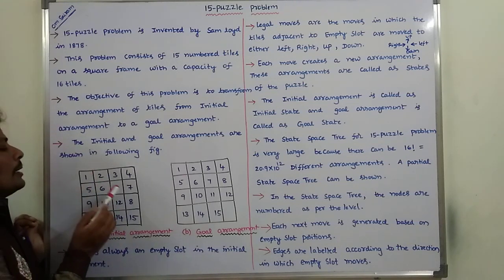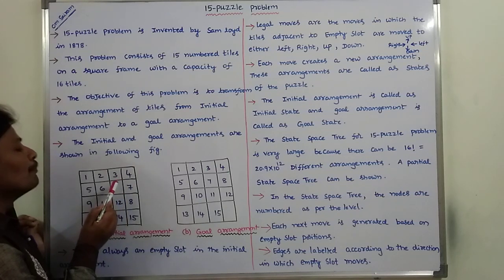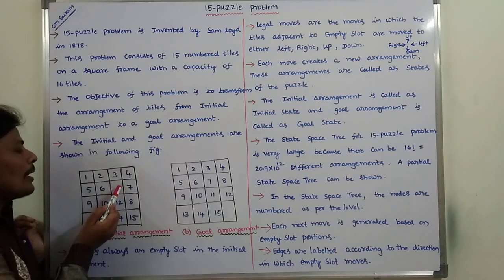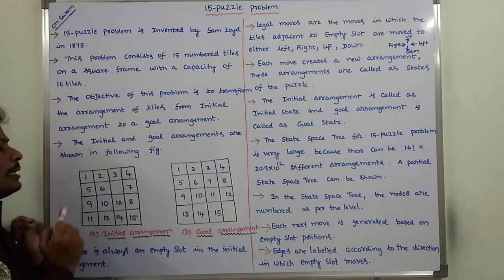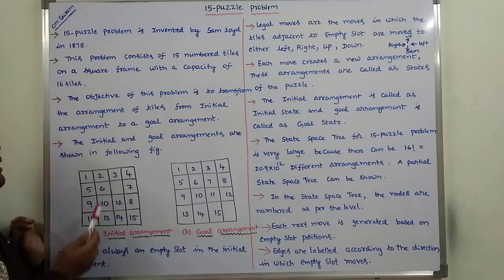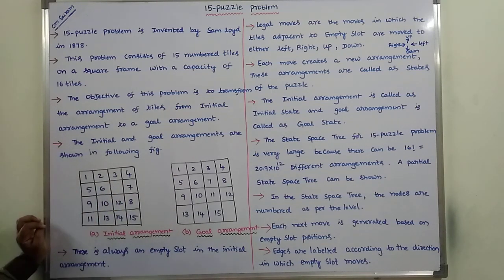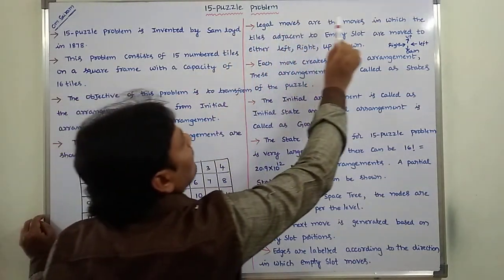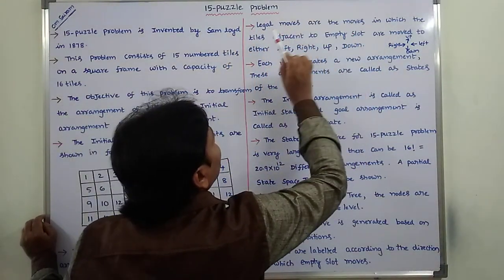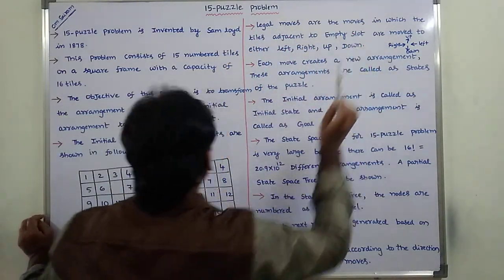These tiles are moved based on the empty slot position, either in the down direction, up direction, right direction or left direction. So legal moves are the moves in which the tiles adjacent to the empty slot are moved.